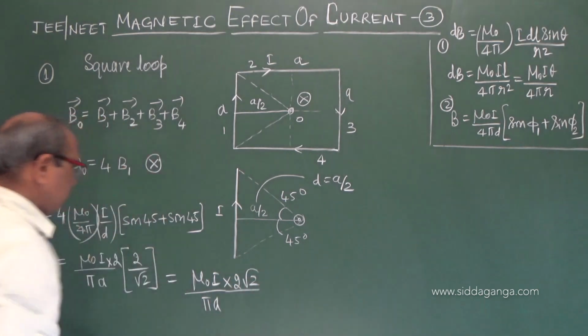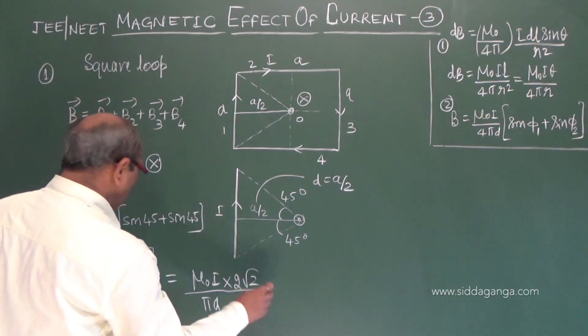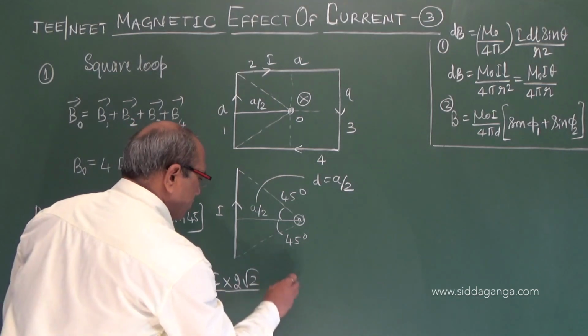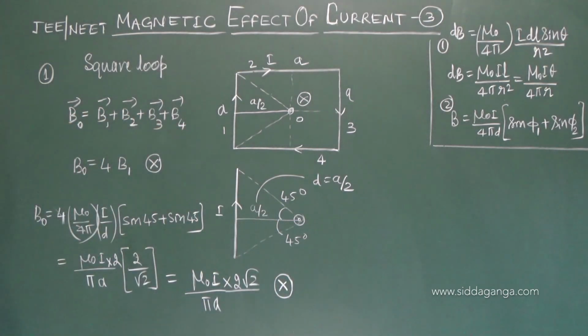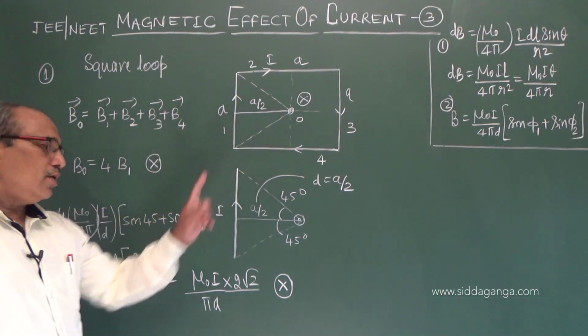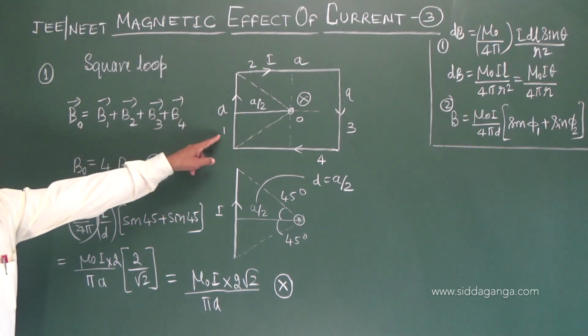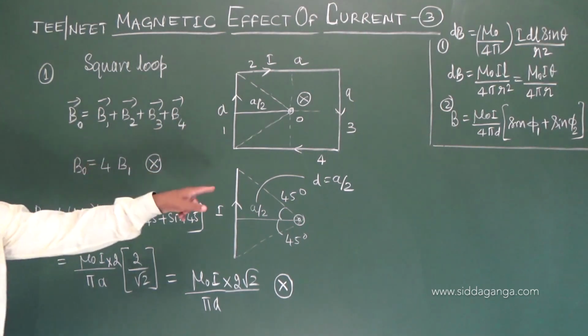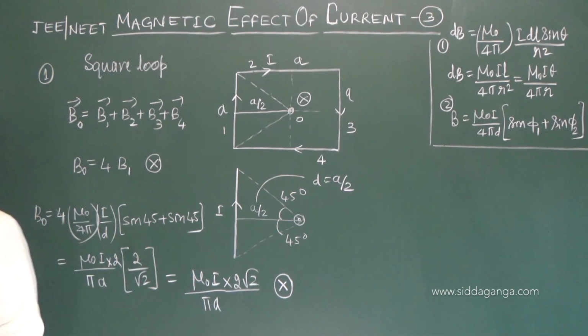Mu naught I by pi a into 2 root 2 gives you the answer, that is into the plane of the board, perpendicular to the board, into the board. I hope you have followed. Due to symmetry, one arm I calculated, multiplied by 4, direction into the board, and the answer obtained is 2 root 2 mu naught I by pi a.